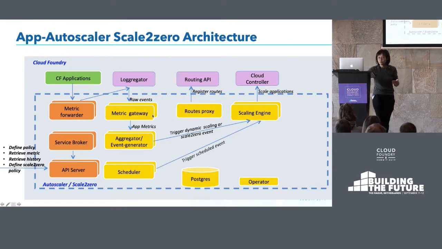It's very easy. It's just enable or disable. After that, the metric gateway and aggregator will get the ATP start and stop events from the loggregator and do the aggregation. If there is no ATP request over a period of time, the scaling engine will stop the application, and the route will be registered through the routing API.